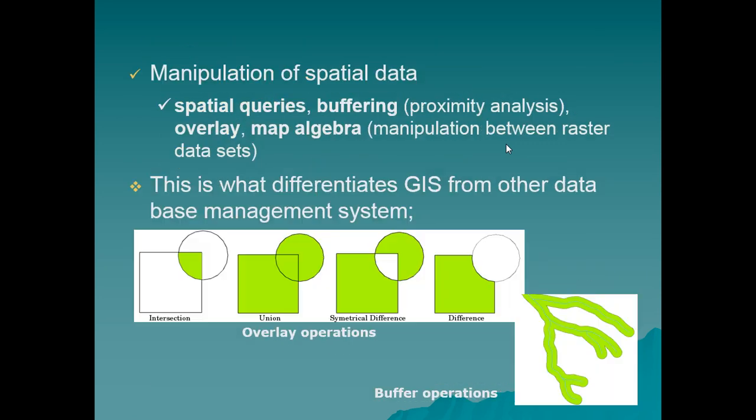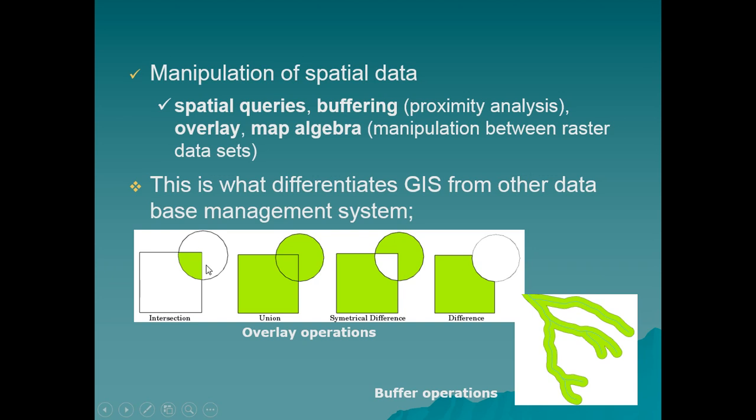Not sure if I have it in this lesson, but we would have addressed it before. All the other examples we talked about would be spatial operations conducted in vector. Map algebra, please be reminded, is conducted on raster data sets.